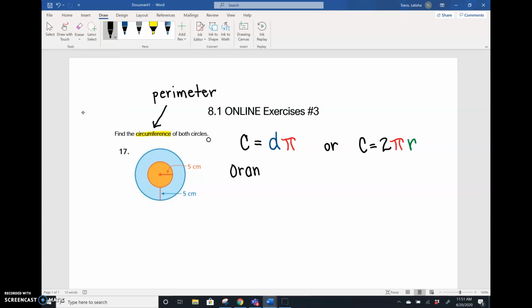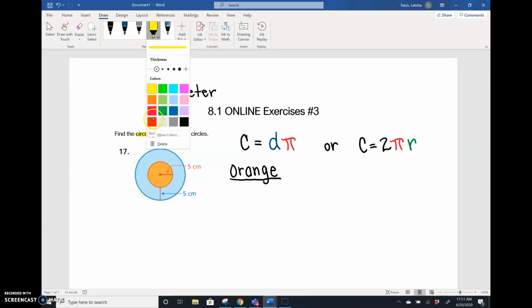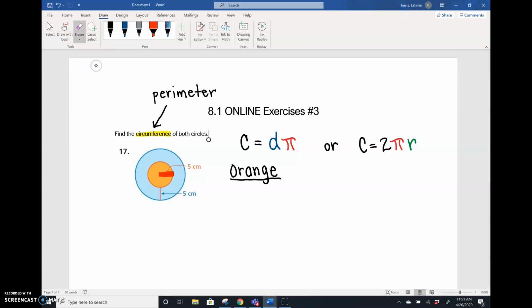With the orange circle, not thinking about the blue shaded portion yet, the dimension they give us is this line that goes halfway through that little orange circle. So that line right there, because it goes halfway through, is the radius.